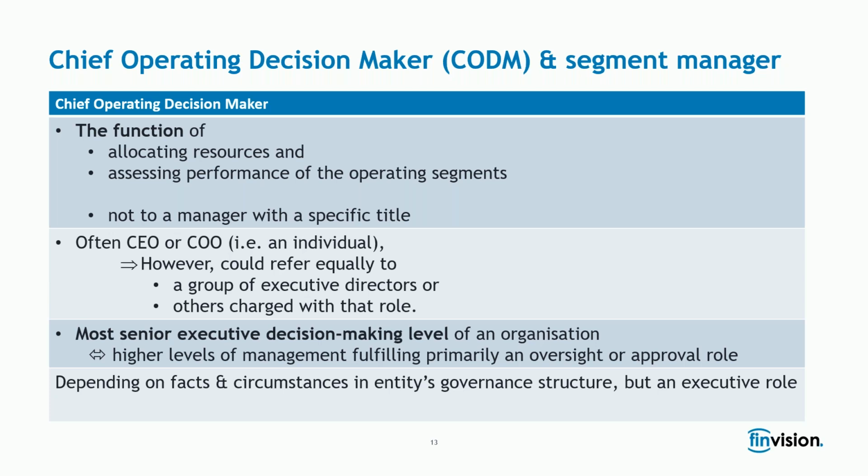So for IFRS 8, it's really important to look at who is making the decisions, referring to above, to allocate the resources and to assess the performance. You will see later on in the disclosures as well, there is a wide variety because obviously it depends on facts and circumstances. It depends on their own internal management reporting and also on the interpretation and the judgments. We'll come back later on that. The process of identifying it is highly judgmental.